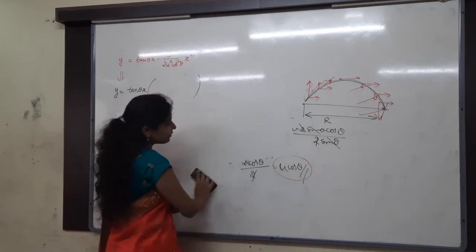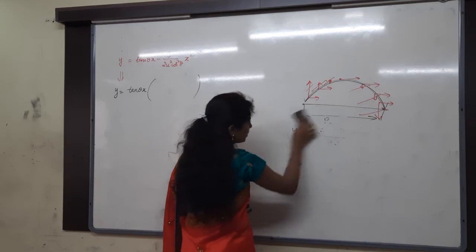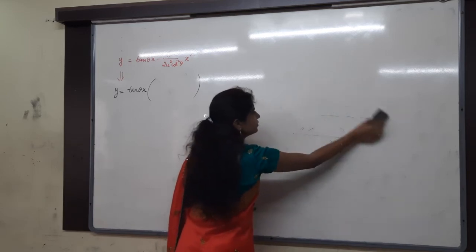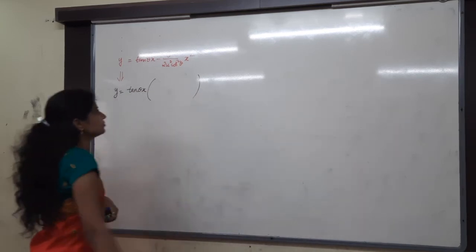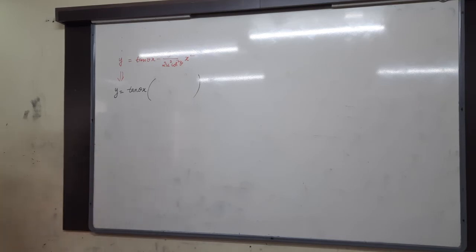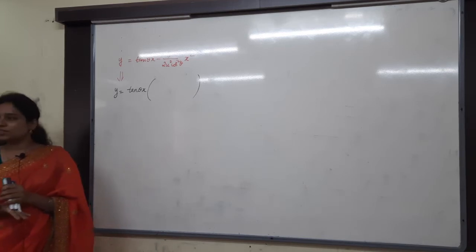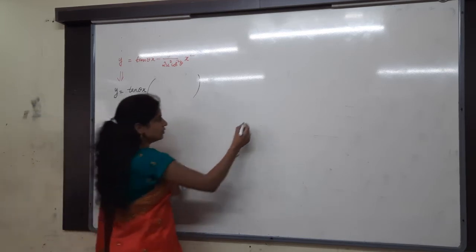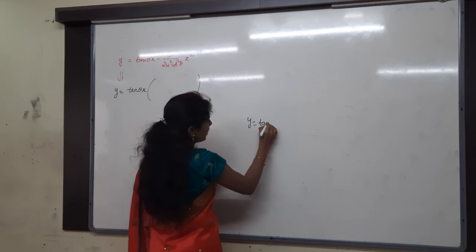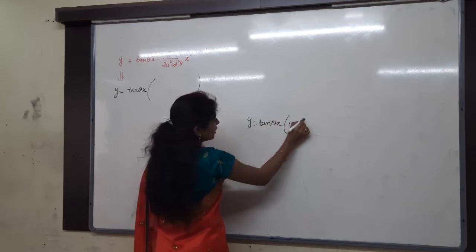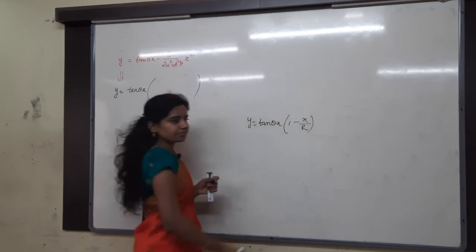Whatever the remaining equation is, how to convert it into R, that you have to think mainly. You have to get the answer as y equals tan theta x into 1 minus x by R. This will be the answer.